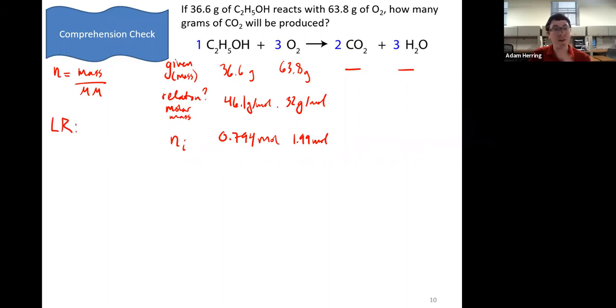Since we have 2 choices, we can either find out how much oxygen would be needed based on the amount of ethanol we have, or how much ethanol would be needed based on the amount of oxygen we have. That would be finding the amounts of reactants needed.